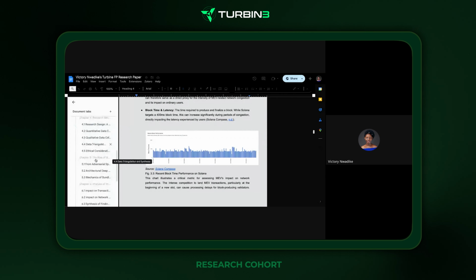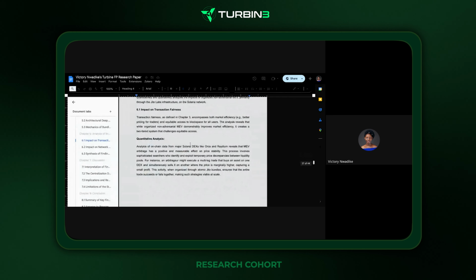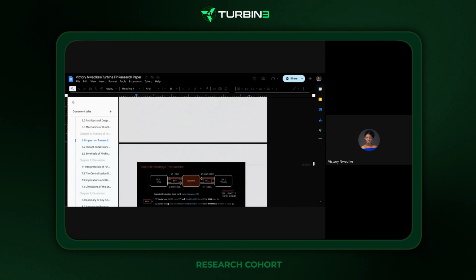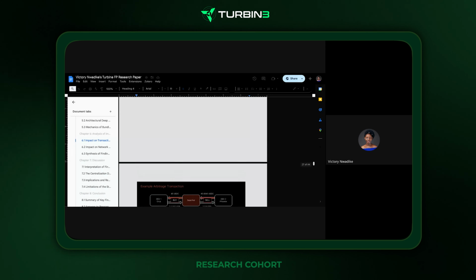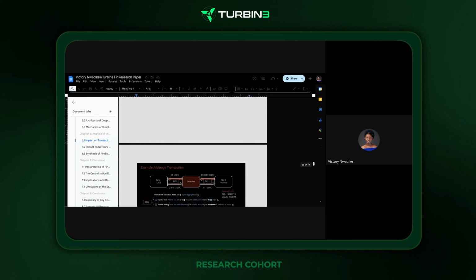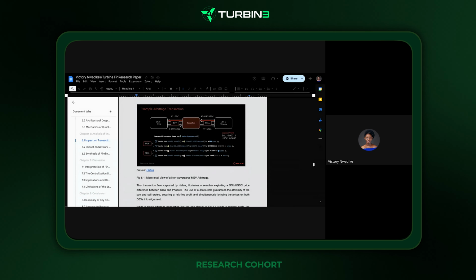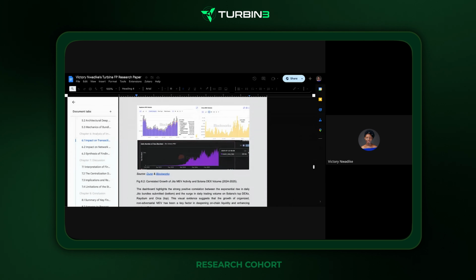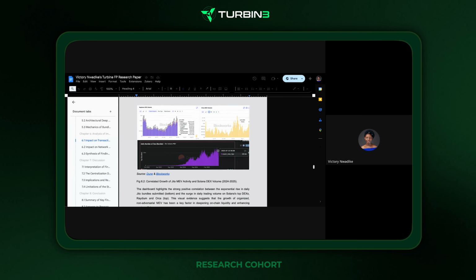Down to my chapter 6, that was where I did my main analysis. For my quantitative analysis, I gave an example of what an arbitrage transaction actually looks like. I got my diagram from Helius, and on this dashboard, I don't know how accurate my analysis is; there is room for growth anyway.